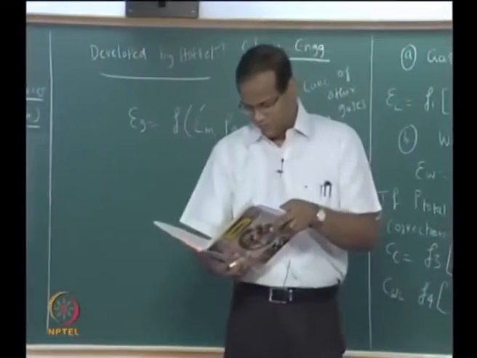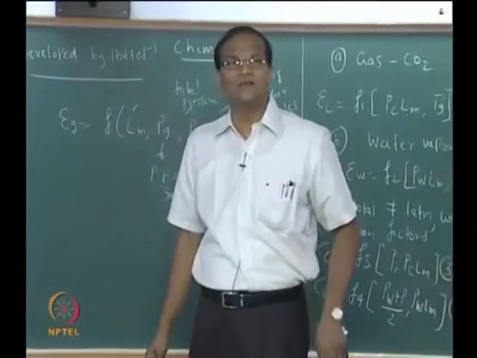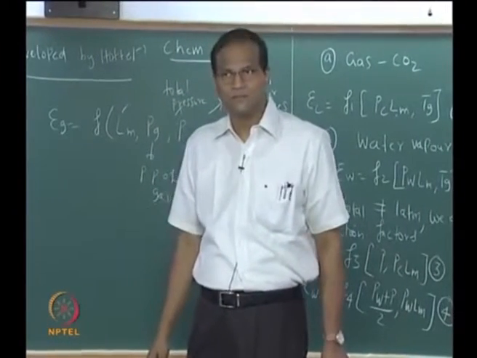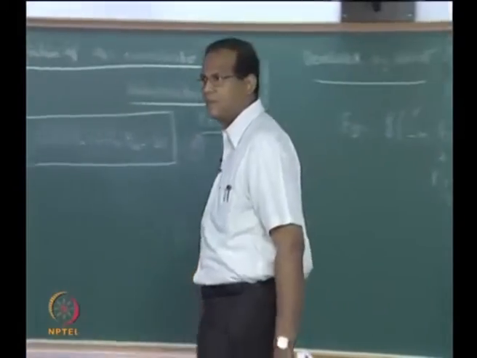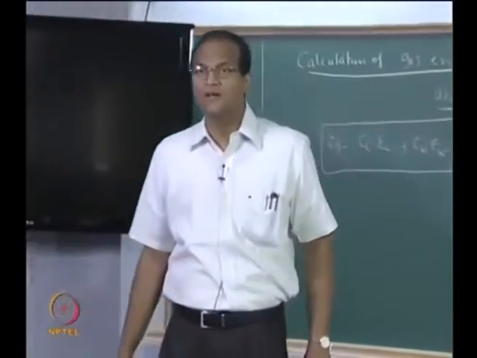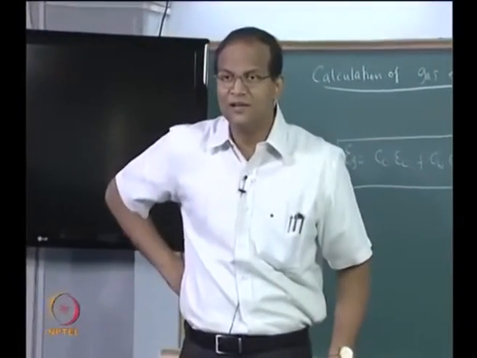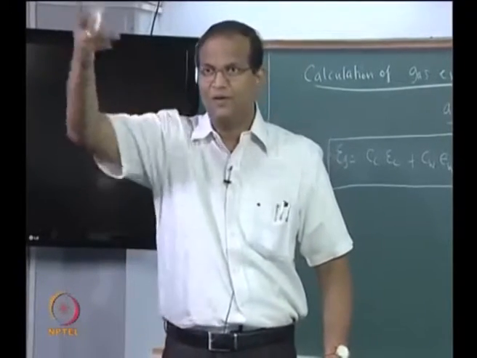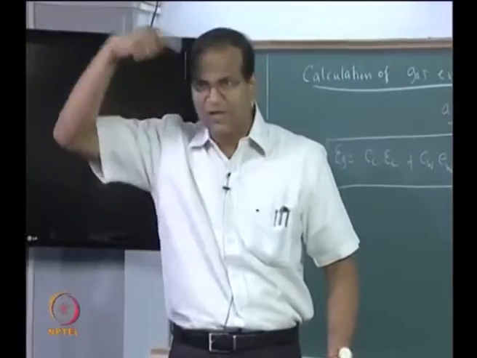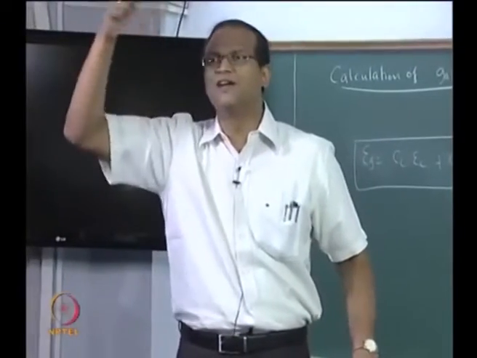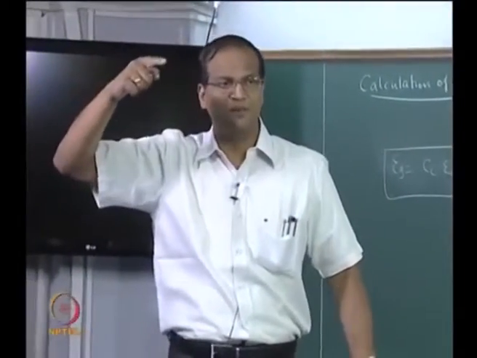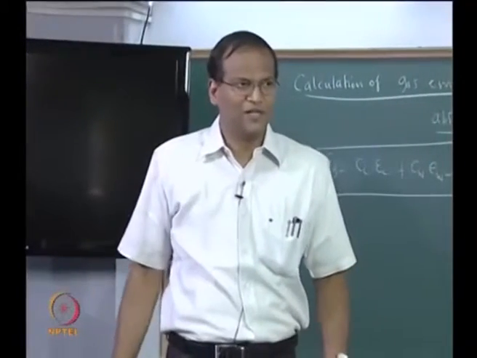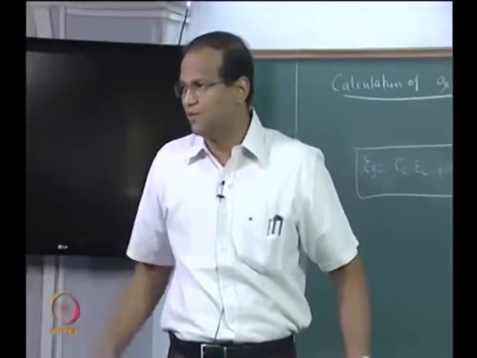Now, what is the story for gas absorptivity? We can't use epsilon g equal to alpha g. Obviously, it is not a grey gas. First of all, it is not only not a grey gas, it also has different spectral bands for absorption at various frequencies. Therefore, the alpha g has to be worked out.